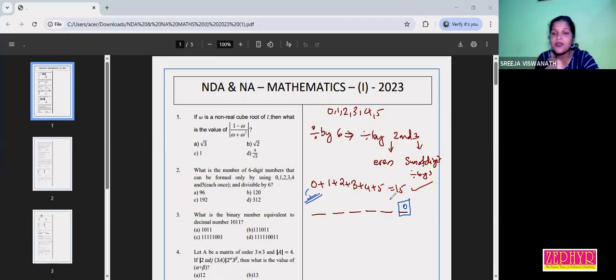If 0 is in the last position, the remaining 5 numbers can be placed in the other positions, 5, 4, 3, 2, 1. That is 5 factorial, 120 numbers can be created with 0 in the last position.